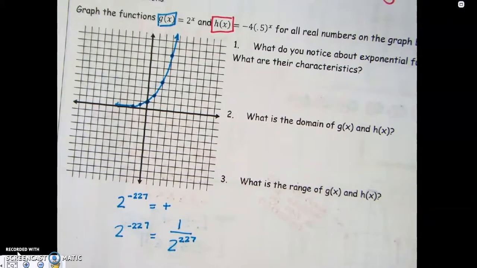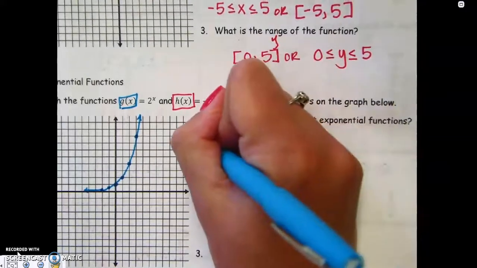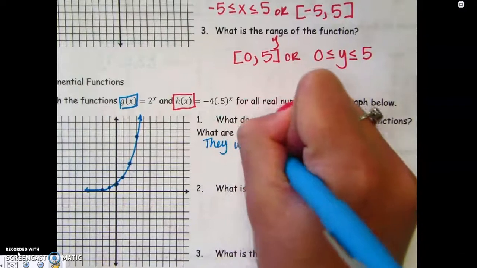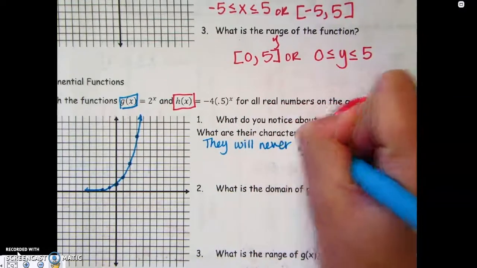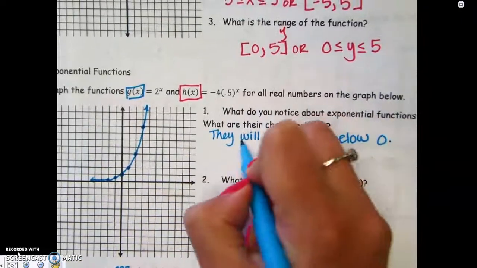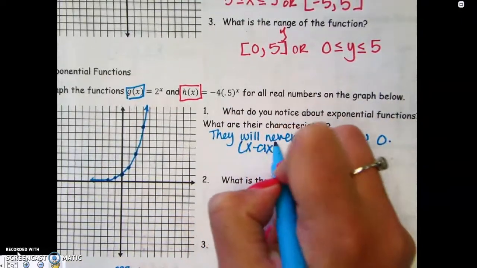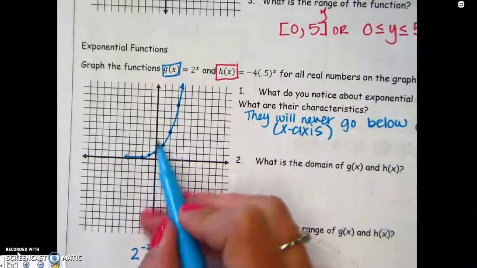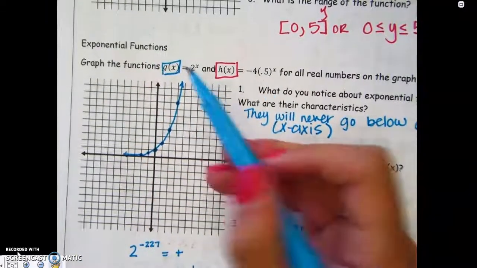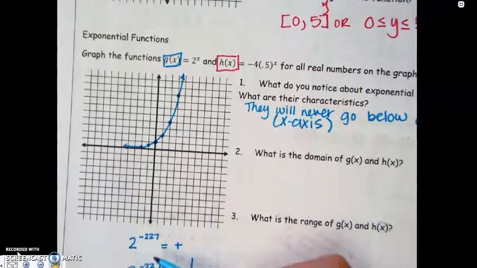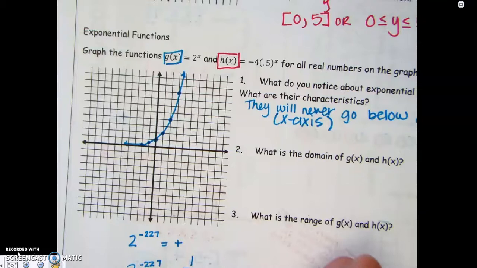So exponential graphs will never go below 0, the x-axis, unless they're shifted up or down. But as a basic function like 2 to the x, it will never go below 0 because exponents will never give you a negative number.